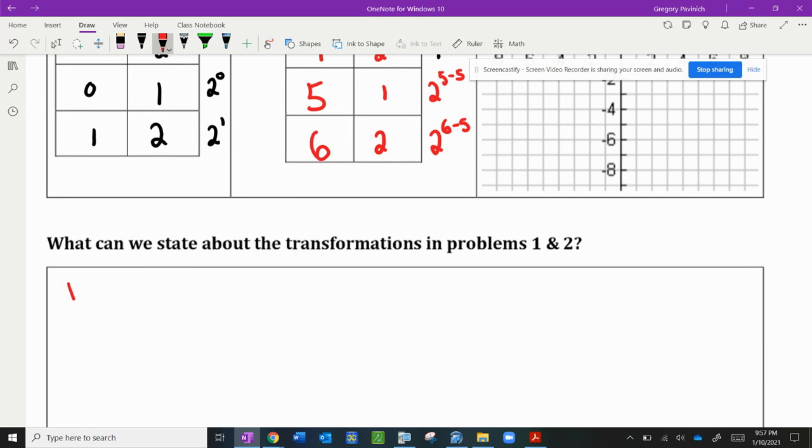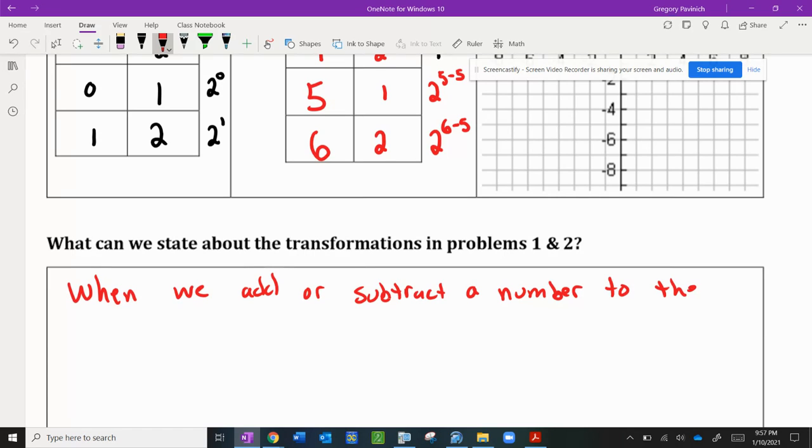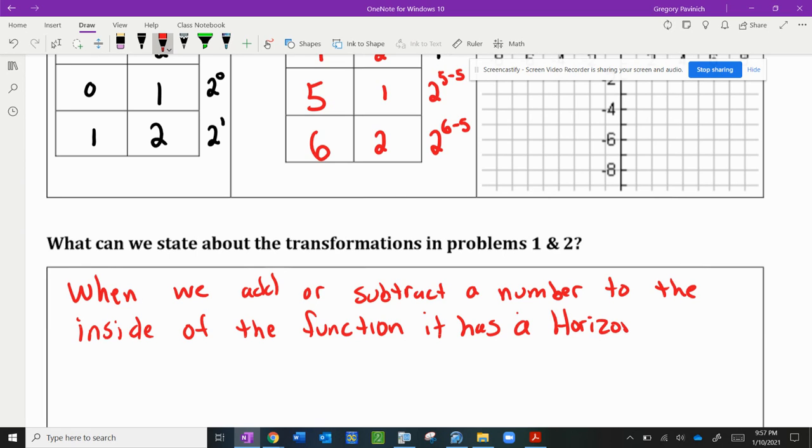So when we add or subtract a number to the inside of the function, it has a horizontal, meaning left or right, transformation.